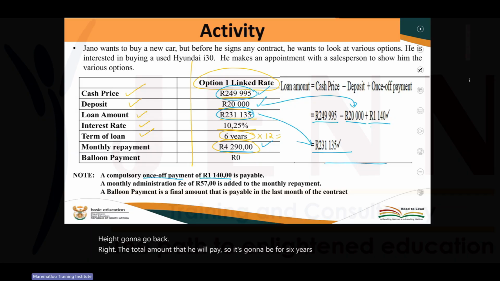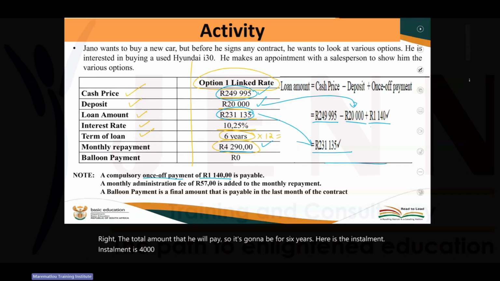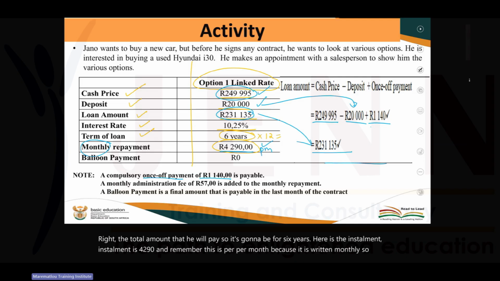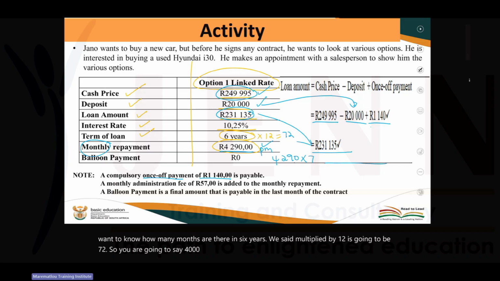The installment is 4,290. Remember, this is per month because it is written monthly. So we want to know how many months there are in 6 years. We multiply by 12, it's going to be 72. So you are going to say 4,290 multiplied by 72. How much will it give you?